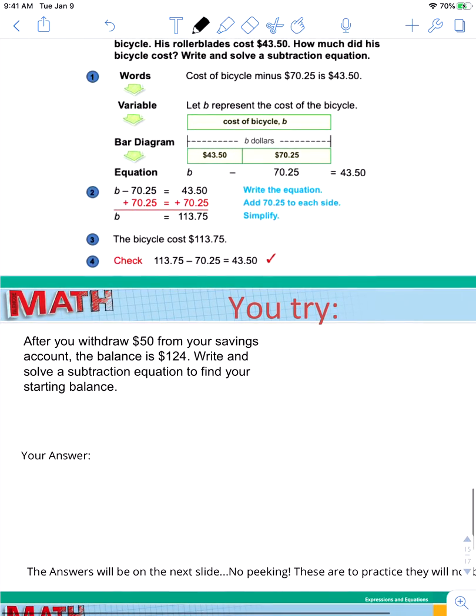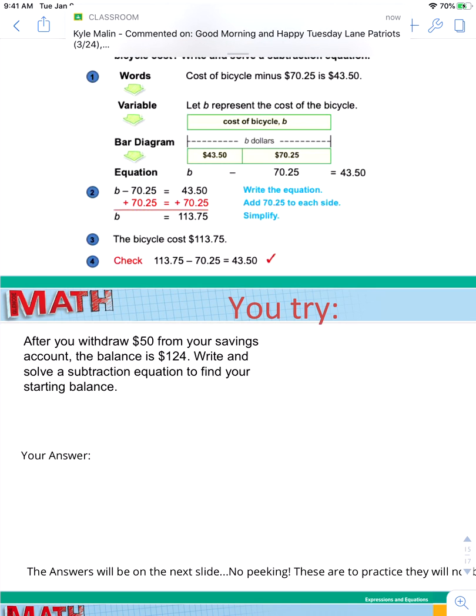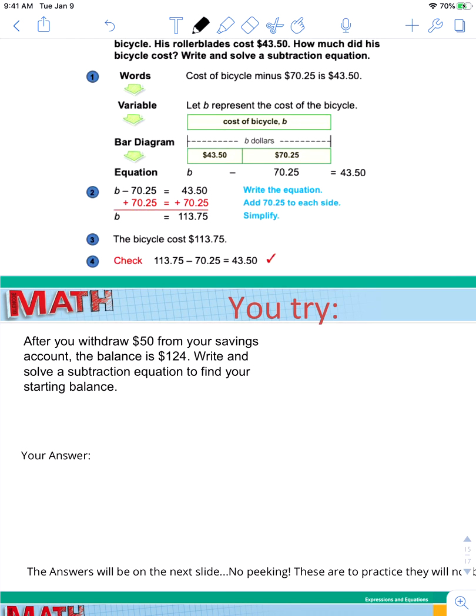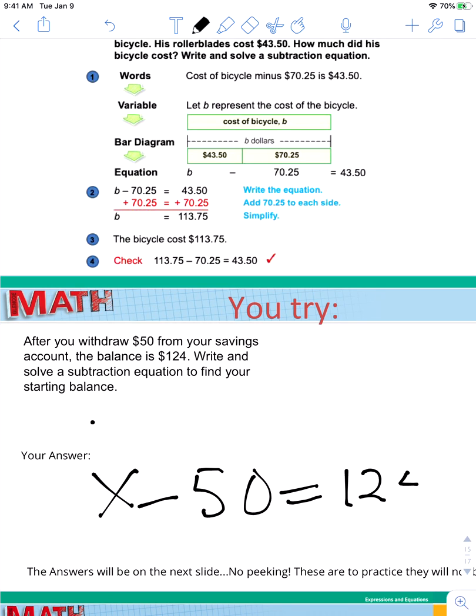We can go to our next you try. After you withdraw $50 from your savings account, the balance is $124. Write and solve a subtraction equation to find your starting balance. So what we know is we have our starting balance. We don't know yet. Subtracting $50 is equal to $124.